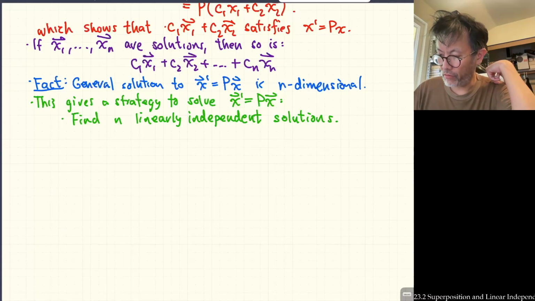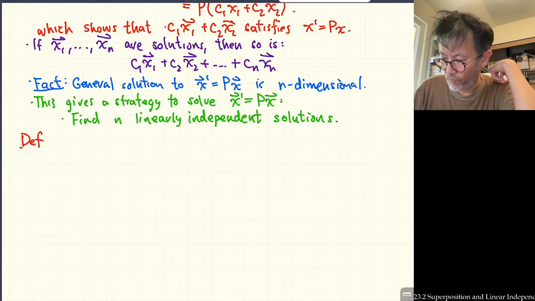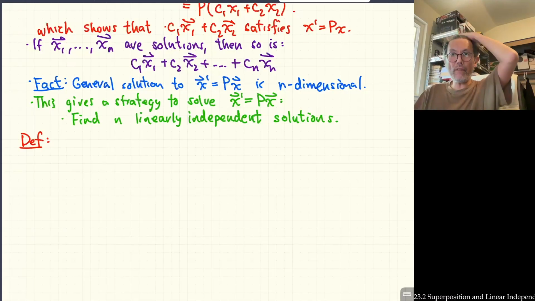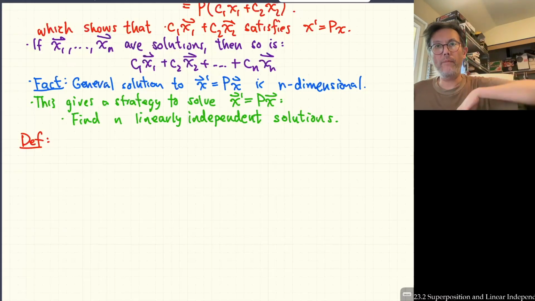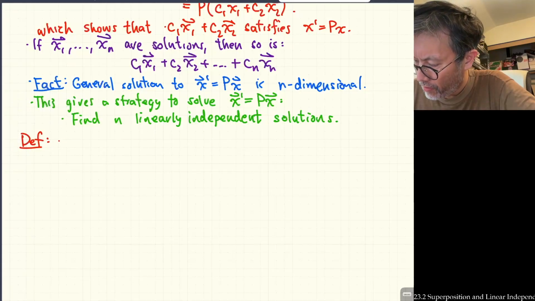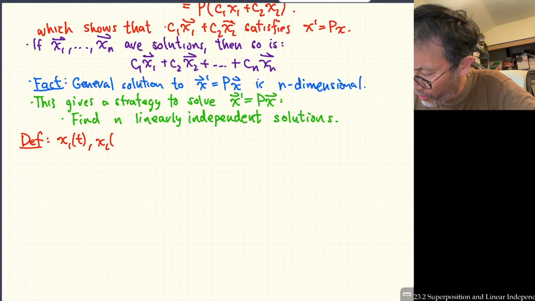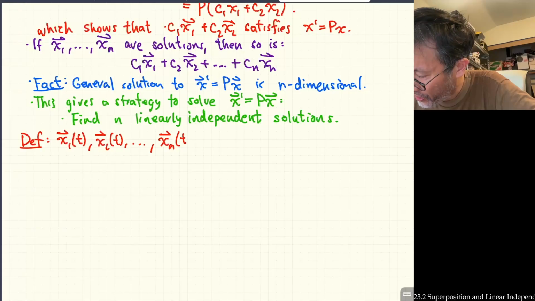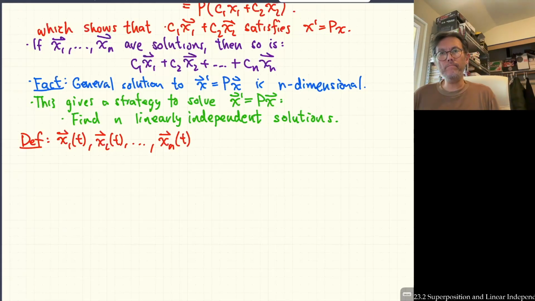So, definition. If you have a bunch of these functions x1 through xn, so x1 of t, x2 of t, through xn of t, these are all vectors now, vectors of functions, remember. They're all time dependent.